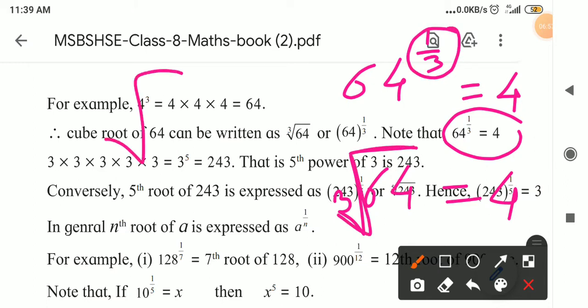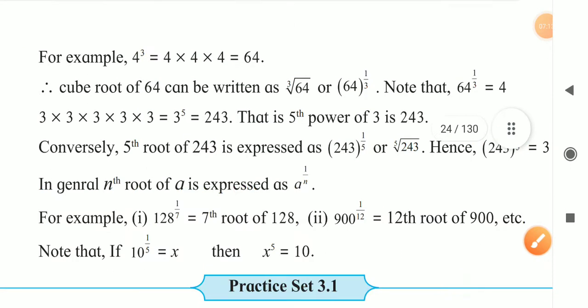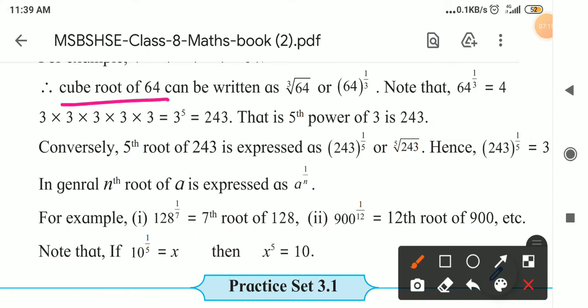Just now we saw that if it is 25, you can write 25 raised to 1 upon 2. Its square root we have to take, and its power we have to write. In this way we have to write. Now here it is the cube root of 64. So how to write?